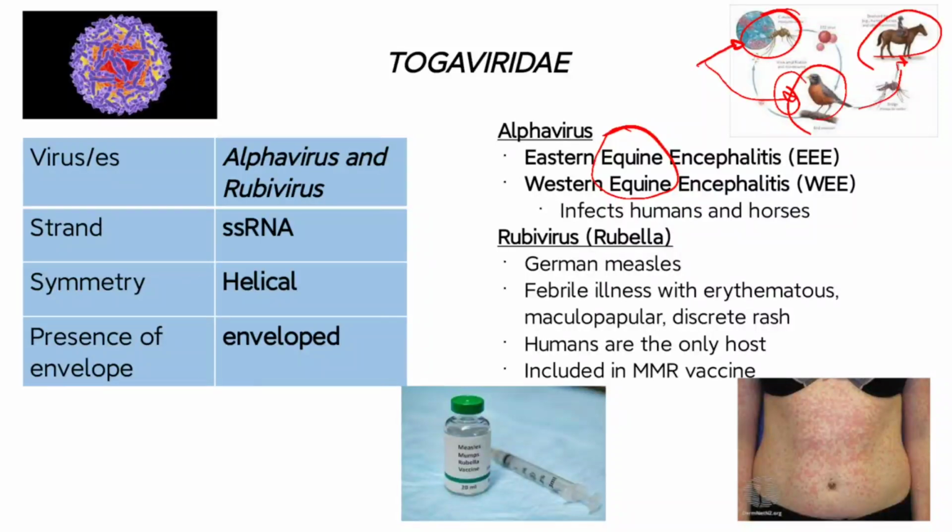So, tayo lang ang host ng rubella. So, ito rin is included sa MMR vaccine. Again, ano yung included sa MMR vaccine? Number 1, we have the mumps. Number 2 is the measles or yung rubeola. And lastly, yung R, which is the rubella or yung German measles. Okay? So, MMR vaccine.